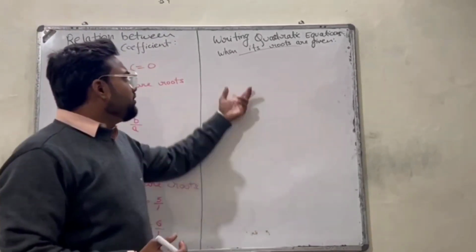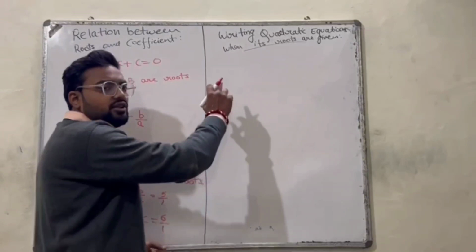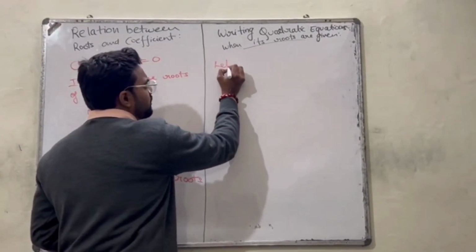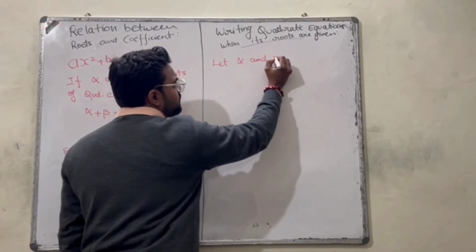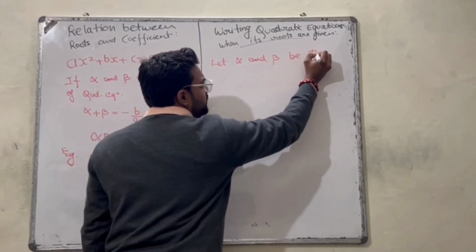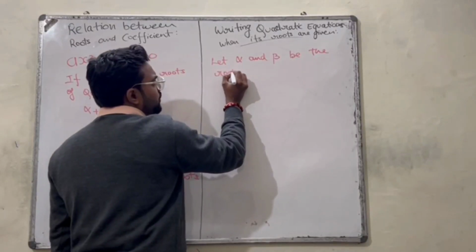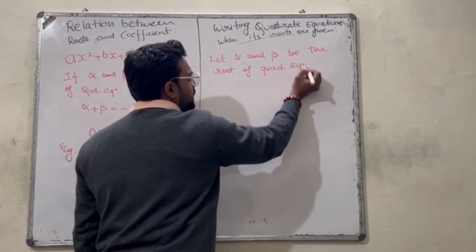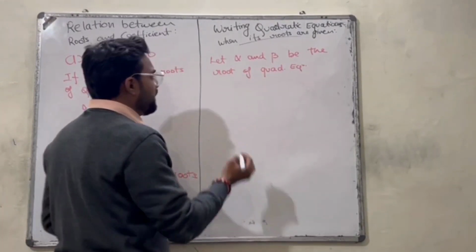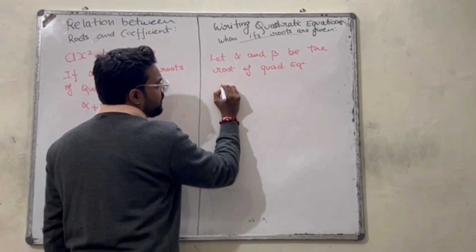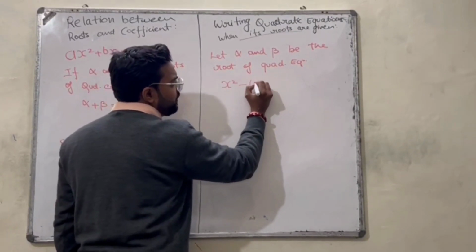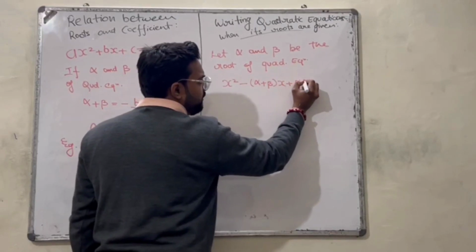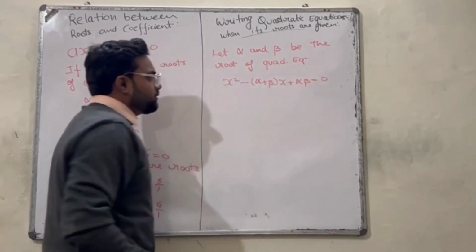Okay, now let's reach to our next point, writing the quadratic equation when its roots are given. Let alpha and beta be the roots of the quadratic equation. Then our quadratic equation can be written as x square minus (alpha plus beta) into x plus alpha into beta is equal to 0.